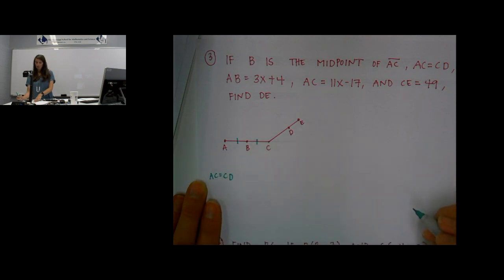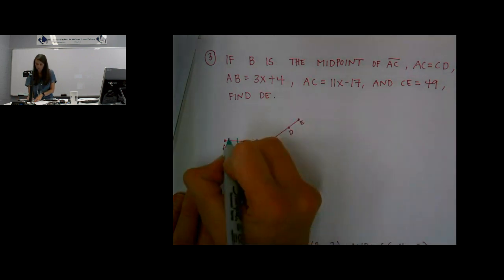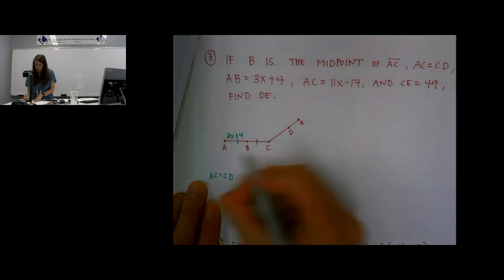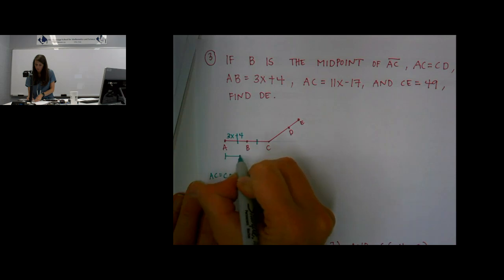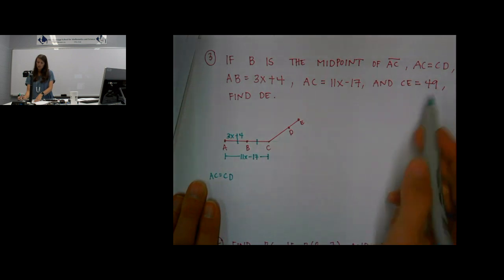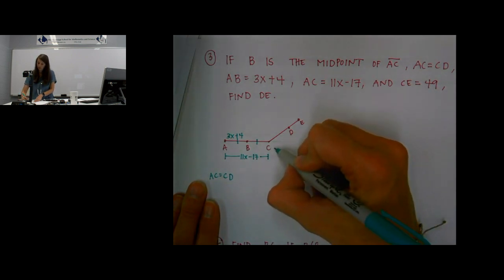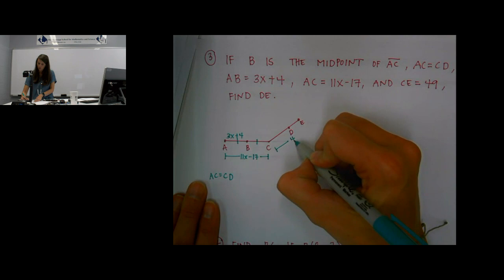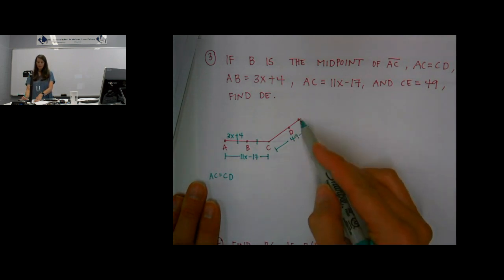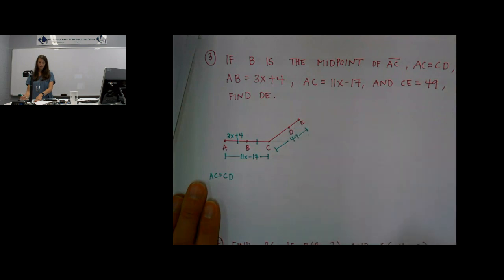If AB is equal to 3x plus 4 and AC is equal to 11x minus 17 and CE, okay, so CE is 49, find DE.